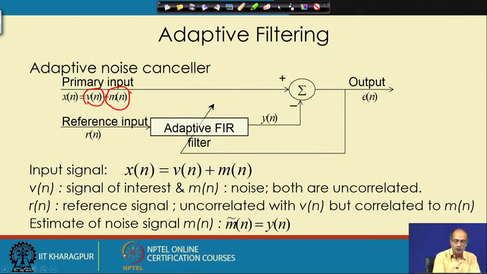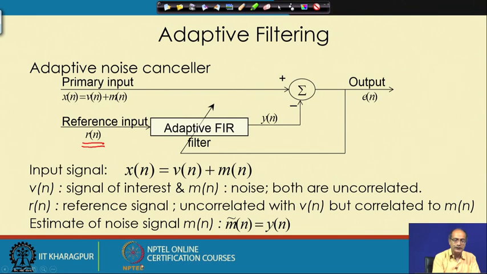These two should be uncorrelated with each other, and here the other input we have taken, the reference, is some signal r n which is correlated with the noise. Now, what is the advantage in taking the signal which is correlated with the noise? I think it is much easier to actually get.